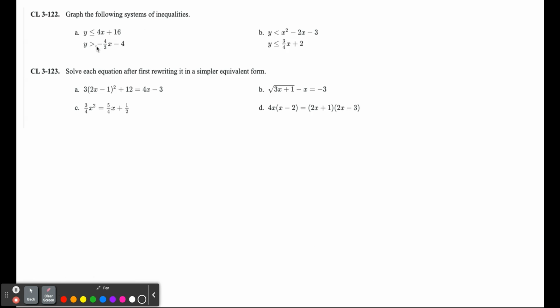Okay, so it says graph the following systems of inequalities. So this one, I'm just going to do a sketch of them. So y is less than or equal to 4x plus 16, right?